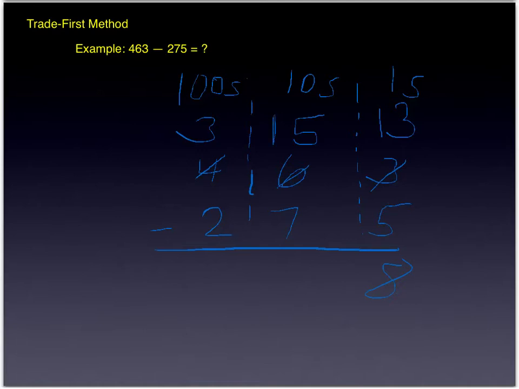We have 15 tens, which is the same thing as 150 minus 70, or 15 minus 7. So 15 minus 7 is 8. Now we get over to our hundreds column. We have 3 minus 2. Well, we don't have to borrow anything for that. We can just do 3 minus 2 equals 1, and our answer becomes 188.